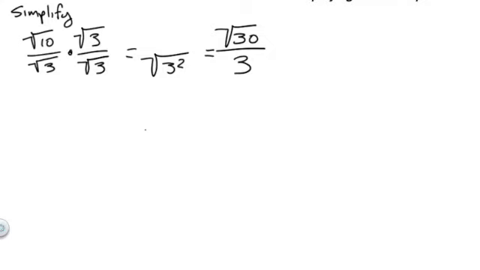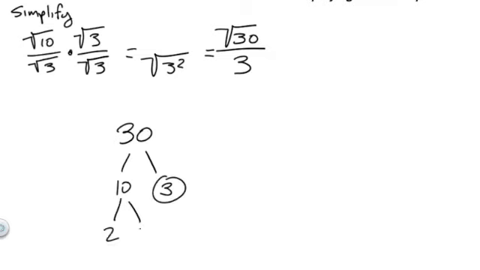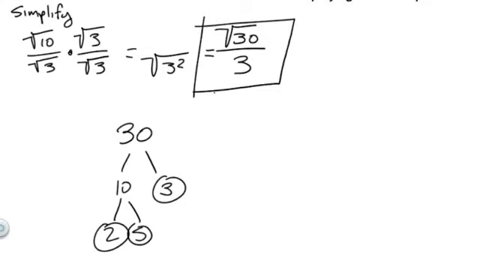So let's do the prime factorization of 30 real quick. This step should not take that long. 10 gives us 2, 5. As you can see here, the prime factorization of 30 is 2 times 3 times 5. No number repeats more than once, so this is our final answer.